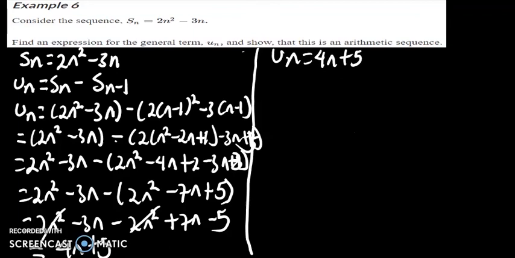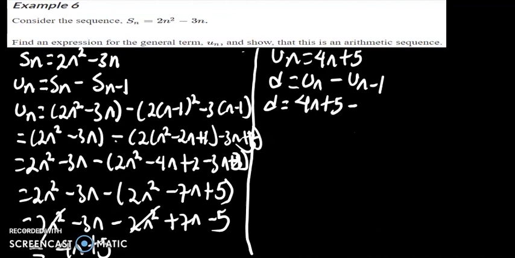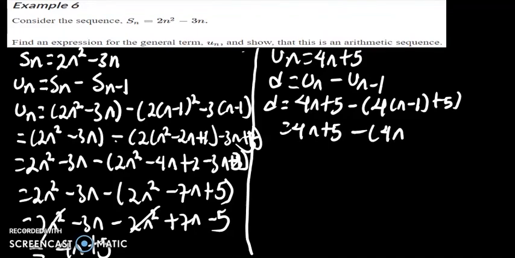And the way we're going to show that this is an arithmetic sequence is by using un minus un minus 1, the difference. So un is equal to 4n minus 5, minus un minus 1, which is 4 times (n minus 1) minus 5. So 4n minus 5 minus (4n minus 4 minus 5).